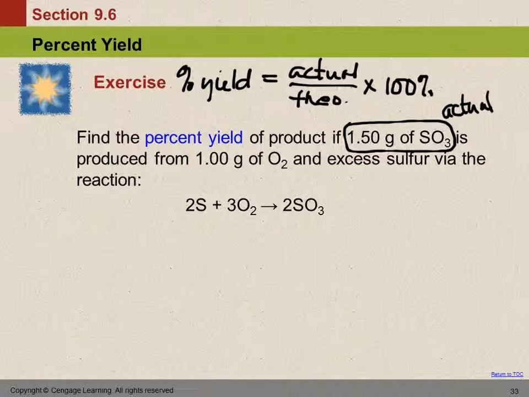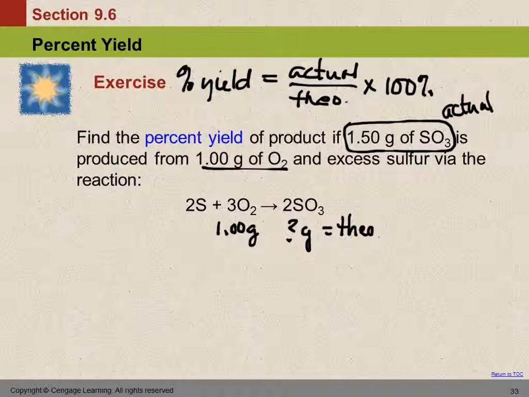That was produced from 1 gram of oxygen. Okay, so I've got this equation here, 1.00 grams of oxygen. I have to calculate the theoretical yield. There's only one product here. What I need is that in grams, and that's going to be my theoretical yield.